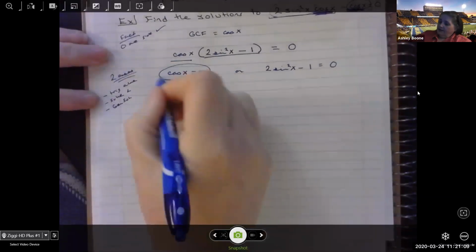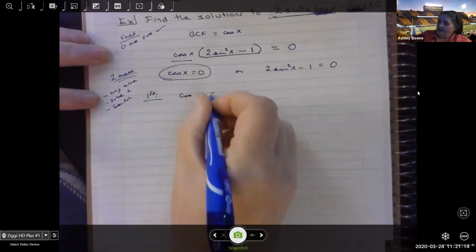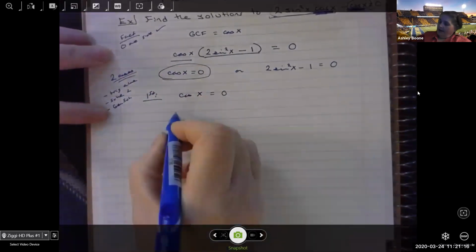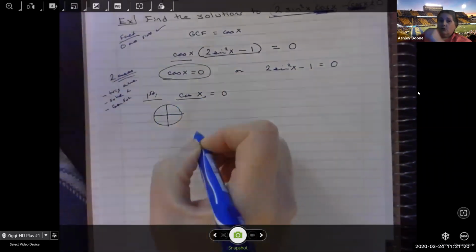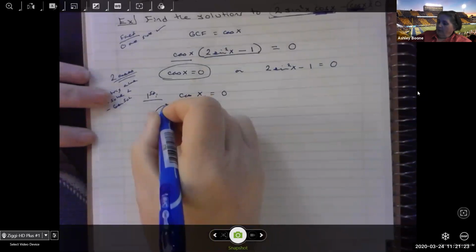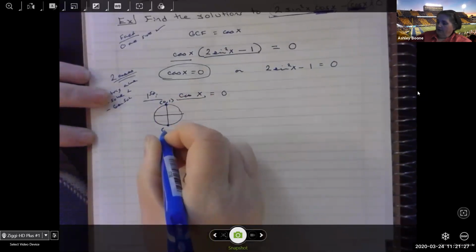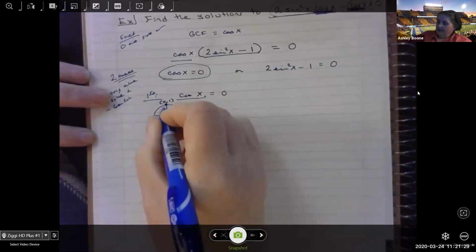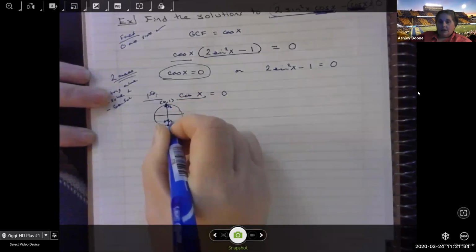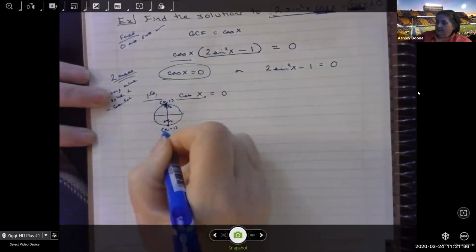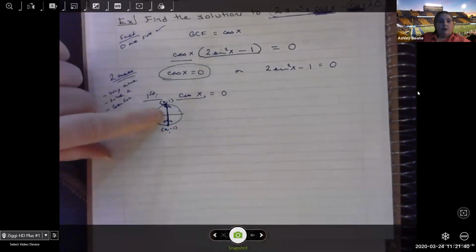So first case, when is the cosine of x going to be 0? Think about your unit circle. Cosine of x is your x coordinate at the points. We have a point here where you have the point 0, 1, a point here where you have the point 0, -1. This is at pi over 2 and 3 pi over 2. In both of those cases, our cosine is 0.